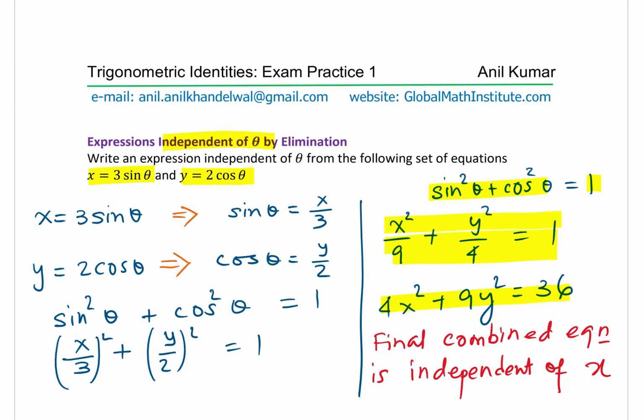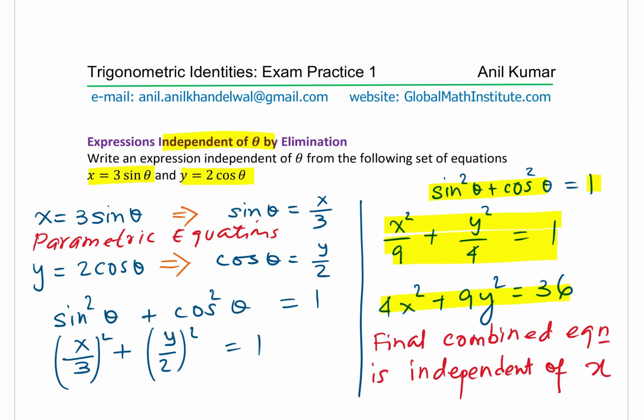Now that's a huge concept, and we can now understand that you could represent an ellipse as a parametric equation, right? So these are also called parametric equations. We'll discuss more about parametric equations in another unit.